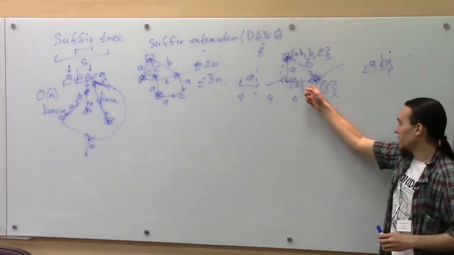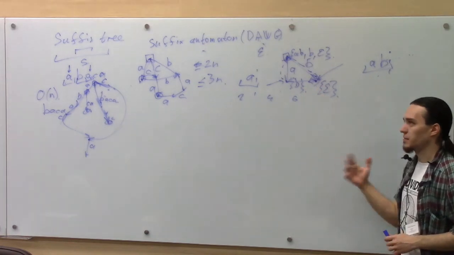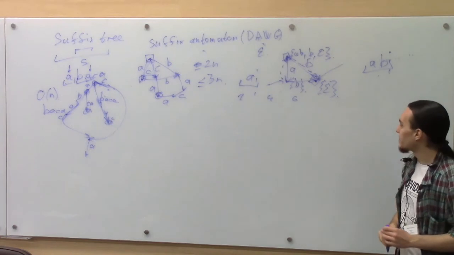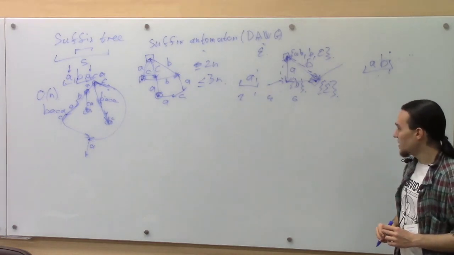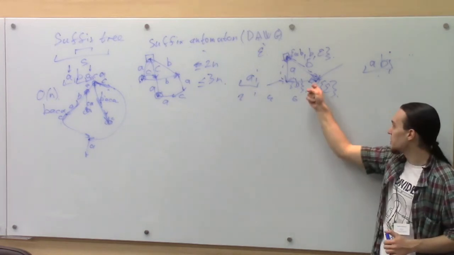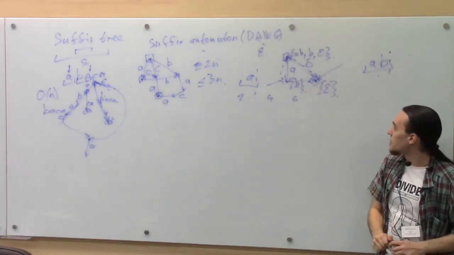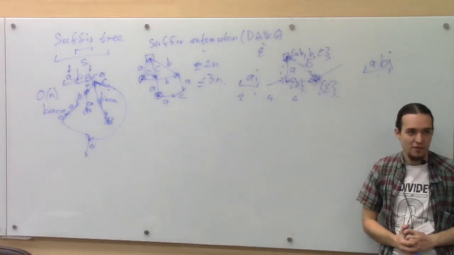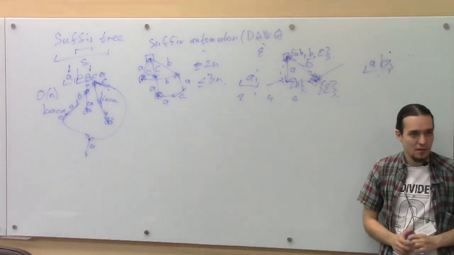So this vertex still has a suffix link, so we can start following them, and in fact the terminal vertices are exactly the vertices that are reachable by suffix links from our finished state.